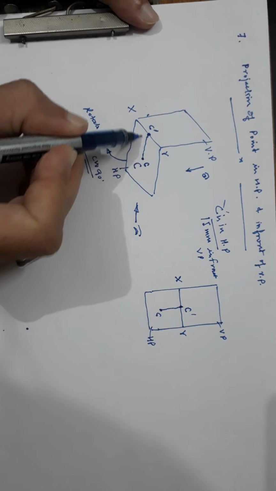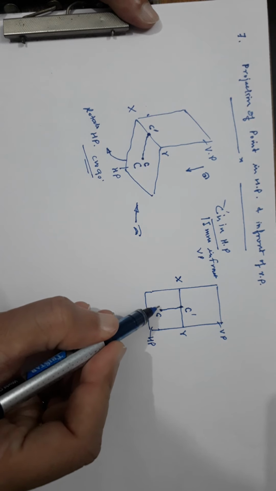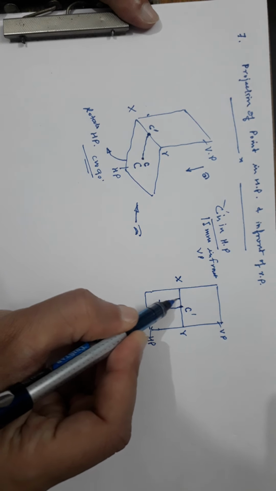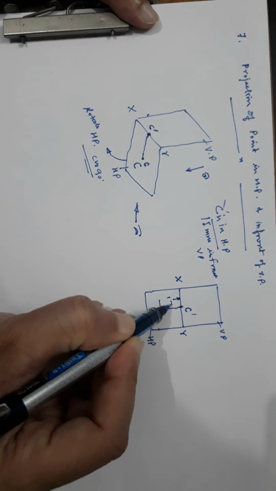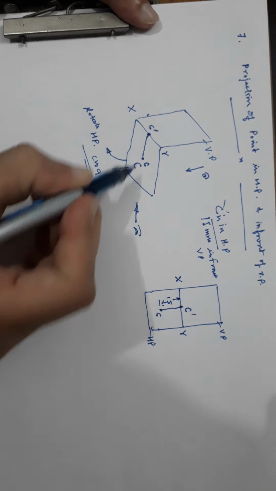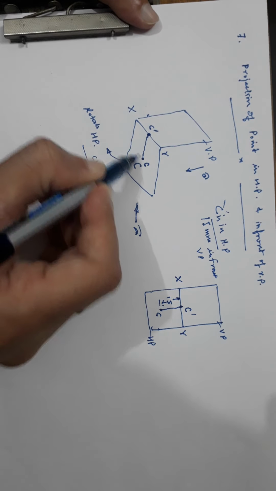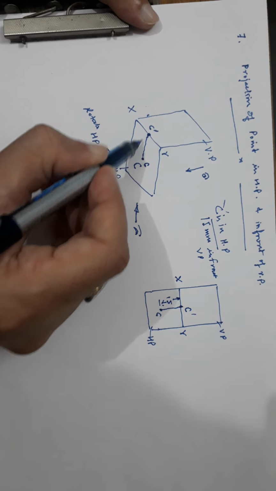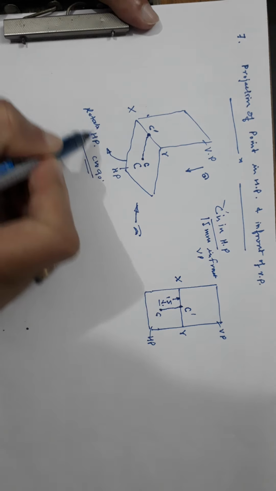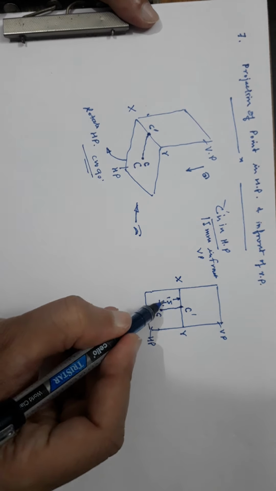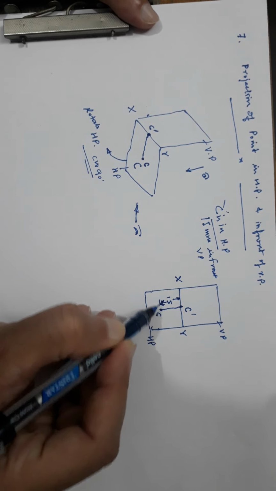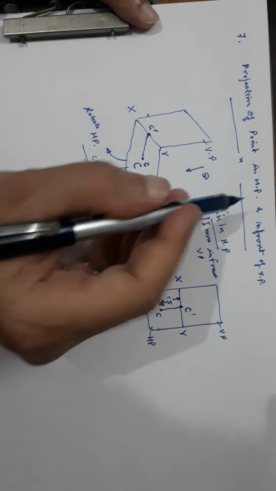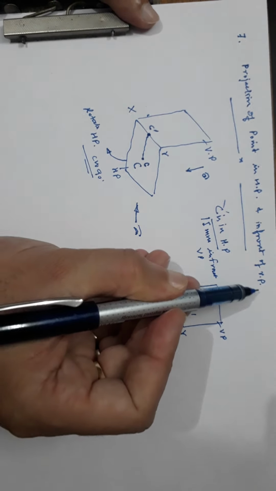Then what should this distance be? This should be 15 mm. Whatever that distance is, here it is 15 mm, it is to be rotated. This 15 mm distance will be below XY because you have to rotate HP clockwise 90 degrees. Now you get to see the projection of the point in HP and in front of VP.